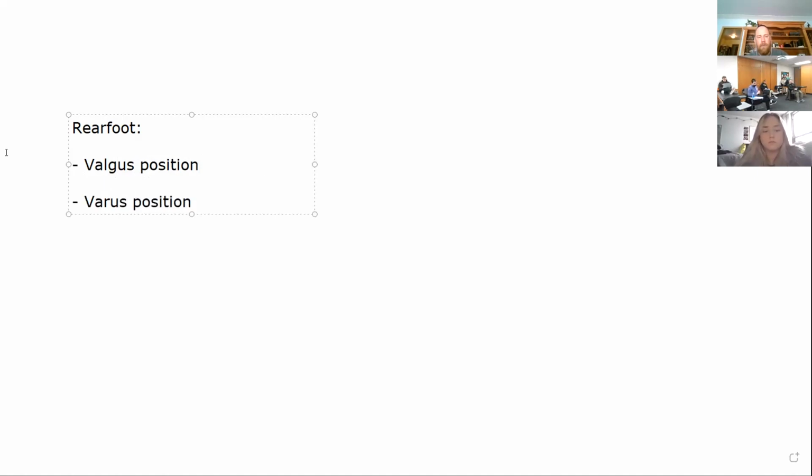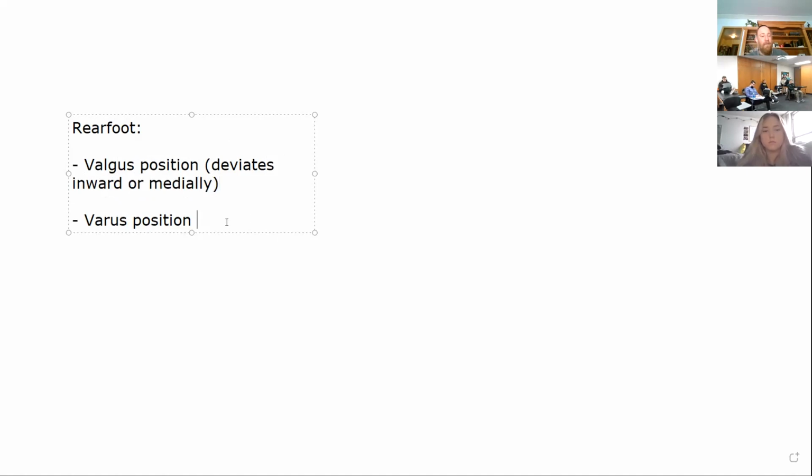All right, so the foot itself, the rear foot type, can either be in a valgus position or a varus position. So this deviates inward or medially.